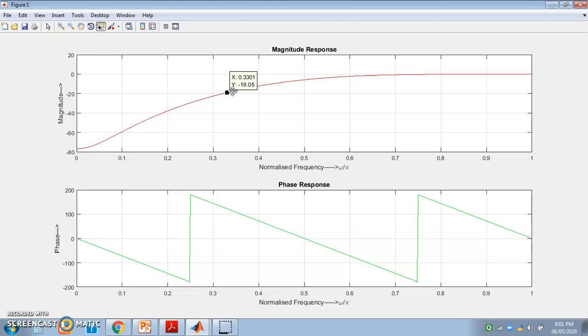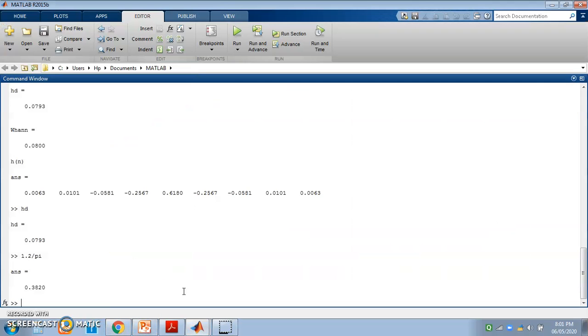So you may say the value is near about this one. This is the cutoff frequency that we are interested in, 0.38. So in MATLAB we can find out the cutoff frequency, and that is 1.2 radian per second. So this is about the high pass filter design in MATLAB.